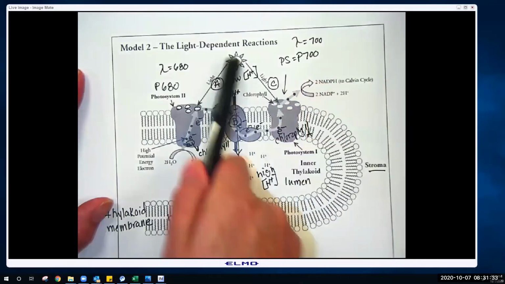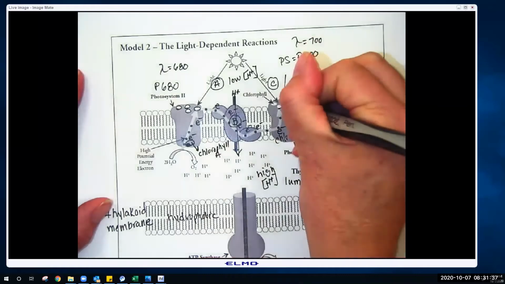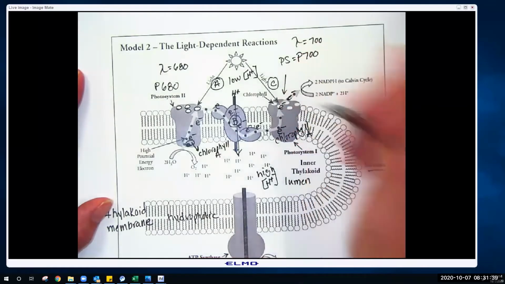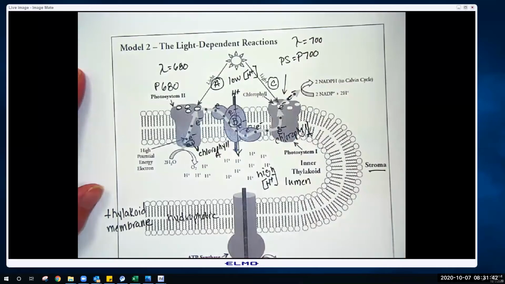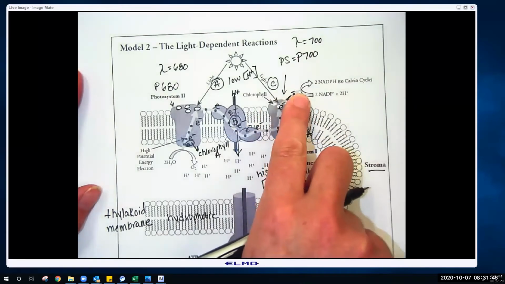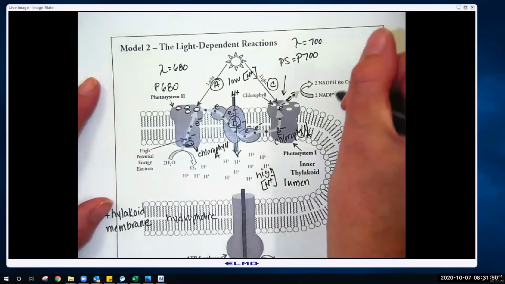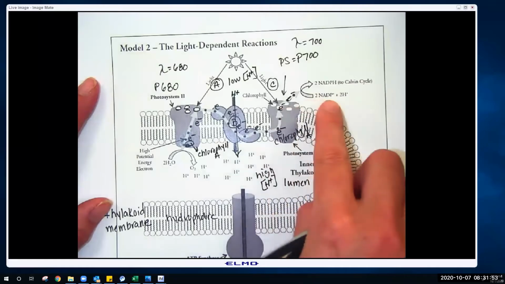Light hits photosystem 1. It excites that electron again, so much that it leaves chlorophyll A, and eventually an enzyme is going to catch that electron, and that enzyme is going to put that electron onto NADP+.